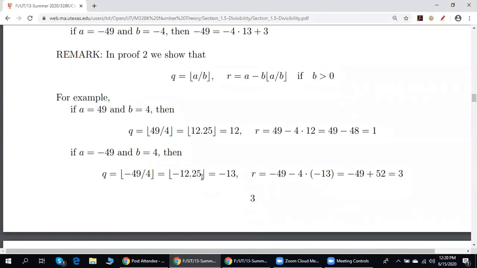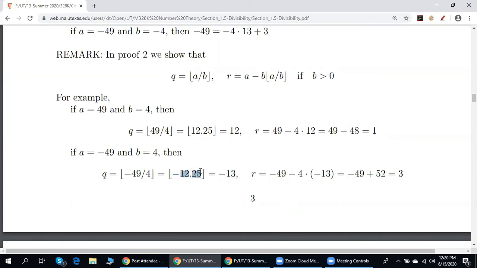Remember, floor means biggest integer that does not exceed this. We go, in other words, always to the left. The biggest integer that does not exceed this is not negative 12, it's negative 13.